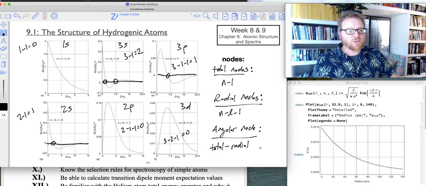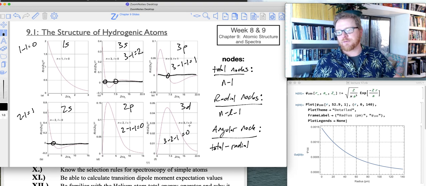Okay? So, for example, are there any here? So these are all showing me pretty good stuff. So let's talk about 3d for just a second. So we got 0 radial nodes, except for the fact that its n is equal to 3, it should have 2 total nodes, the 3d.